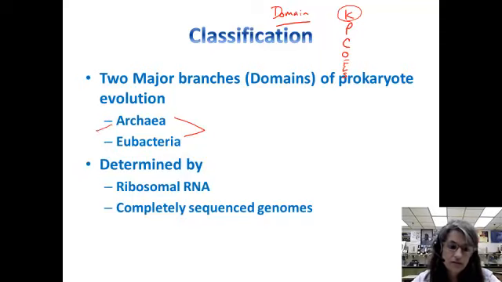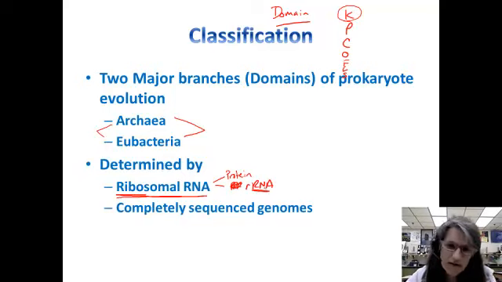They are so different, it was determined by looking at ribosomal RNA. If you'll remember, ribosomes are a complex of globs of protein and something called rRNA, or ribosomal RNA. It's just a type of RNA. Messenger RNA, tRNA, well, there's rRNA.